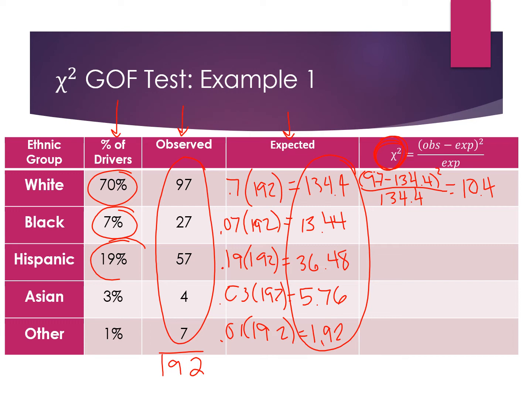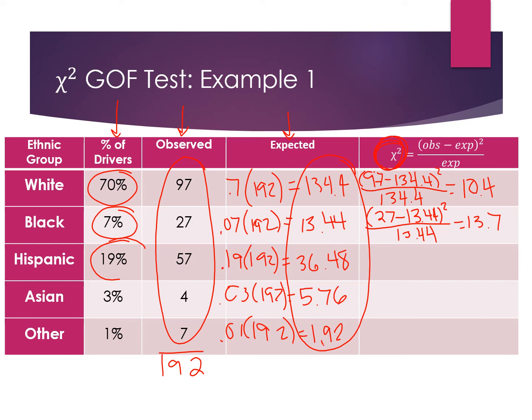All right, the second category, for the Black ethnicity, we're going to take the observed value, 27, minus the expected value, 13.44, squared over 13.44. So observed minus expected squared over expected. I'm getting 13.7.